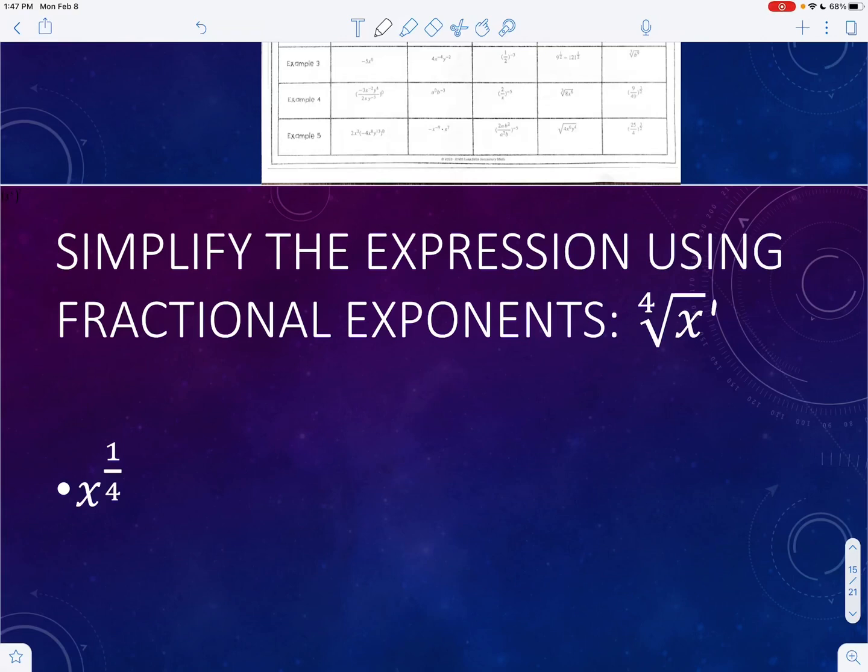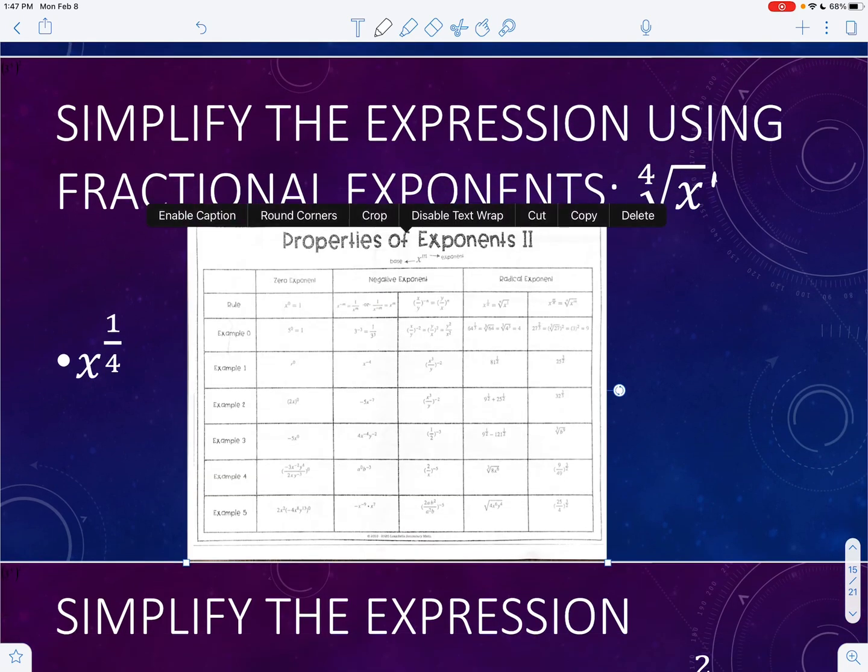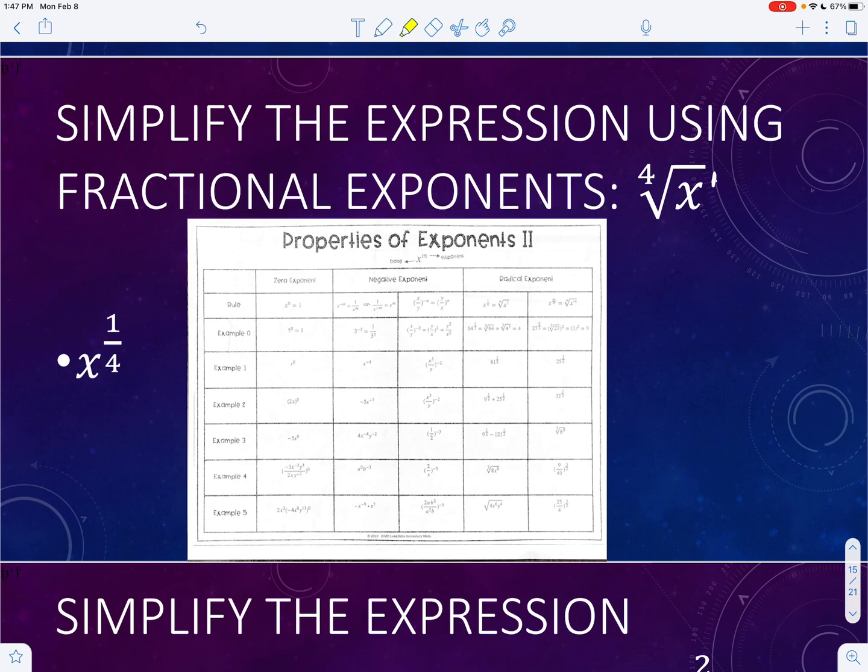All right, this is the third installment of the review. It says simplify the expression using the fractional exponent, the fourth root of x. Notice that the exponent of this is 1. So therefore, we can use our rational exponents rule here on this sheet, where we are told that x to the 1 over n is equal to the nth root of x to the 1.